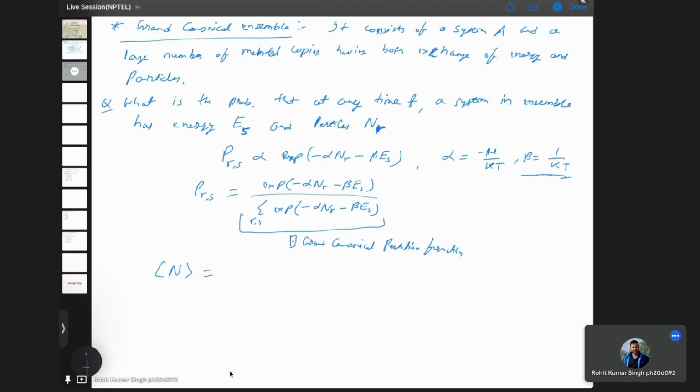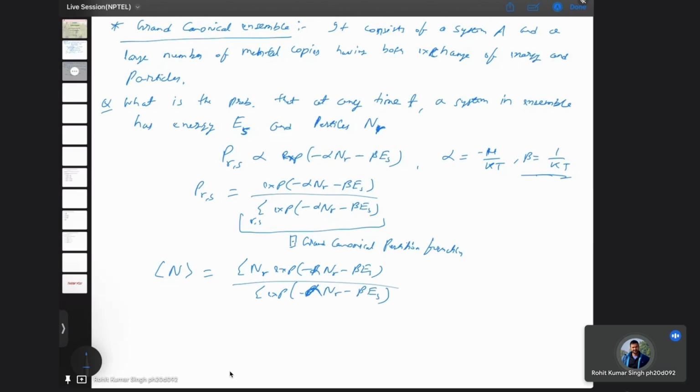For example, if you want to calculate the average number of particles, you can just sum over Nr multiplied by this quantity divided by the partition function, which can be written in a very elegant form.